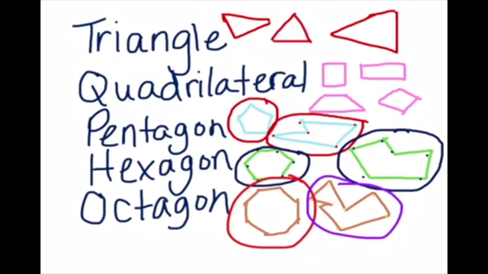Something else that is very important to notice are the root words to our polygons. So I hope that with triangle, the root word try, I hope that you know of another word that also starts with try that means 3.